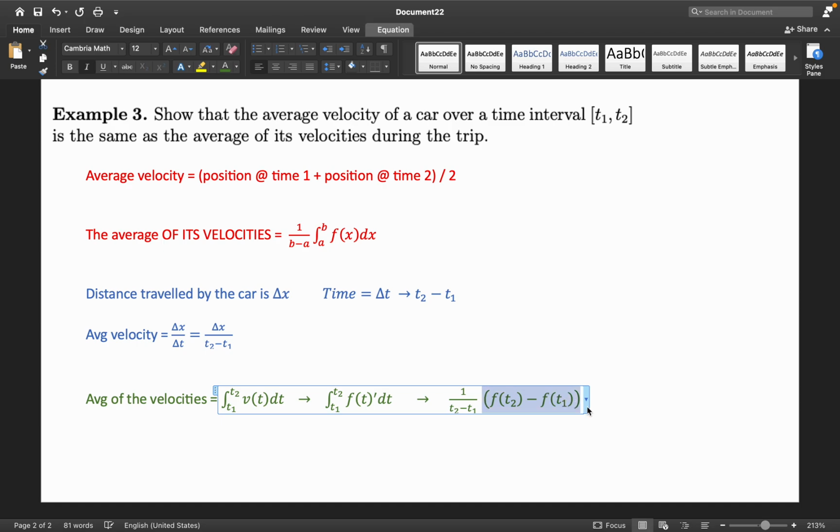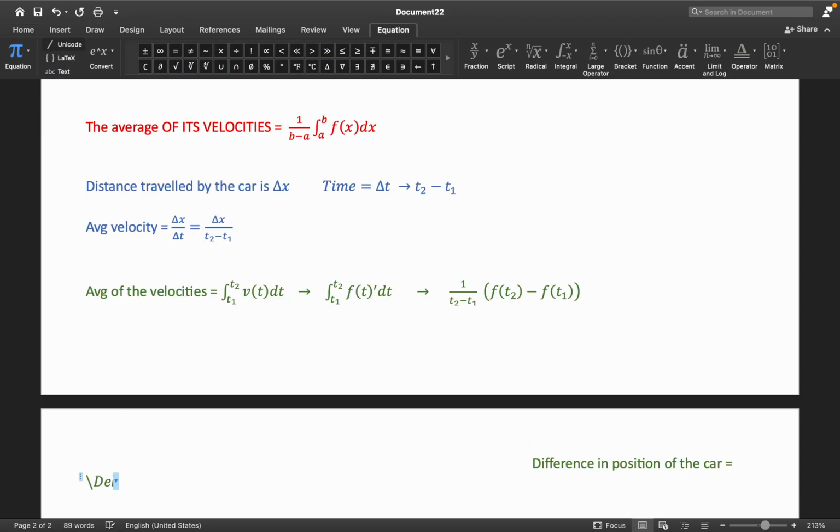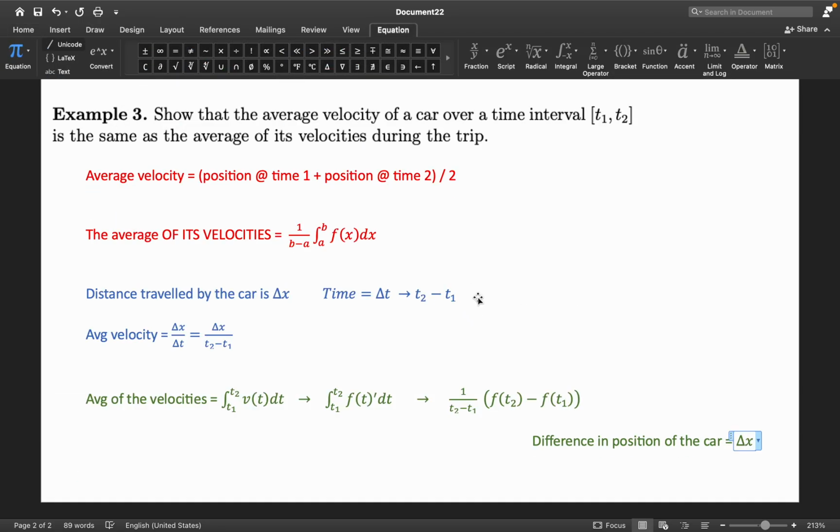And what is this? That stuff right there is the difference in the position of the car, which is delta x.